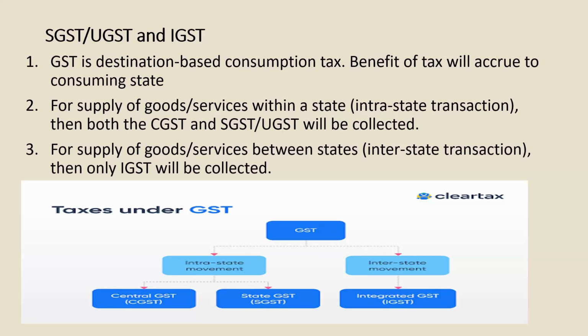When there is an interstate supply of goods and services, which means the goods and services move from one state to another state, then there is only one tax that is applied, called IGST. So when you see an invoice that comes to you, you will have to see whether CGST and SGST are being levied on the taxable amount separately, or whether it is only one tax, which is the IGST?